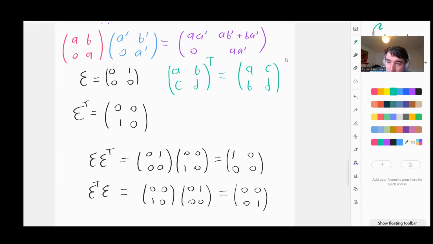Actually, if you look at it, we have all of the 4 matrices that we need to be able to make any other matrix. So if we take some kind of a combination of these 4 matrices that I've circled, and we multiply them by different scalars and add them together, we can make any other matrix we like. So in some sense, starting with these two, you can build up all of the other matrices.